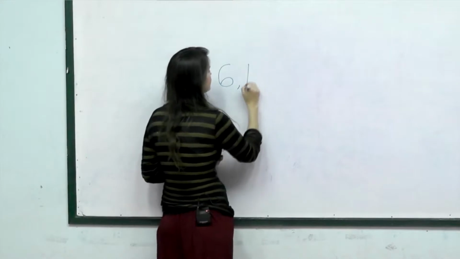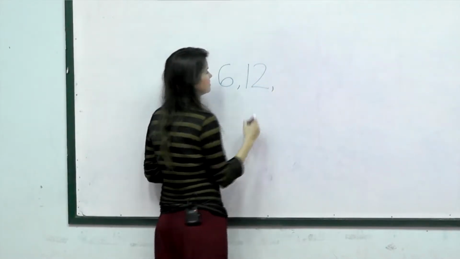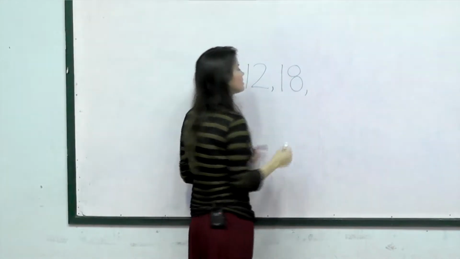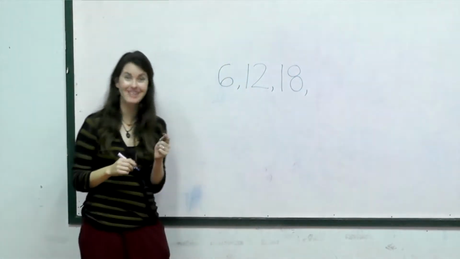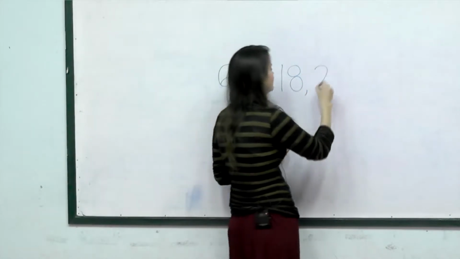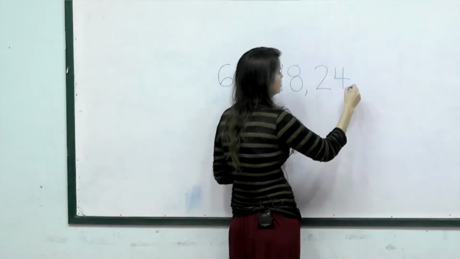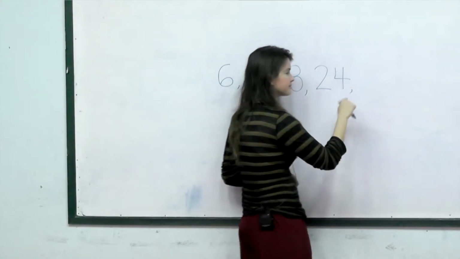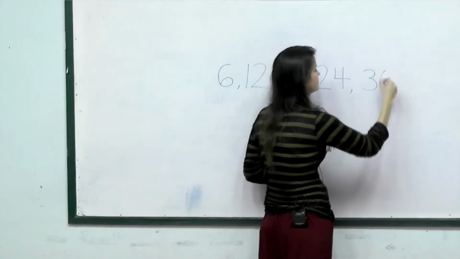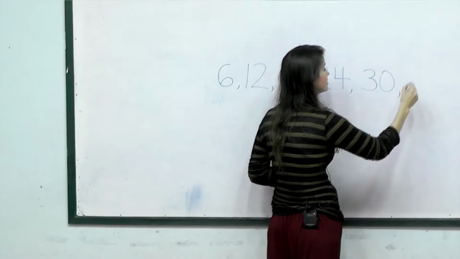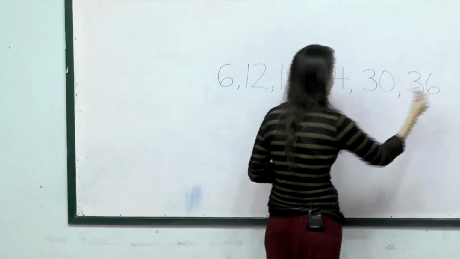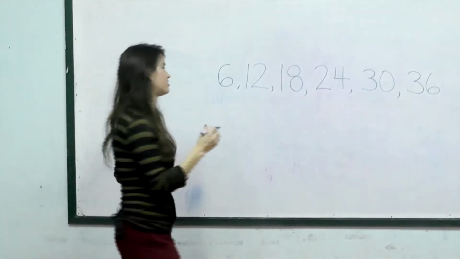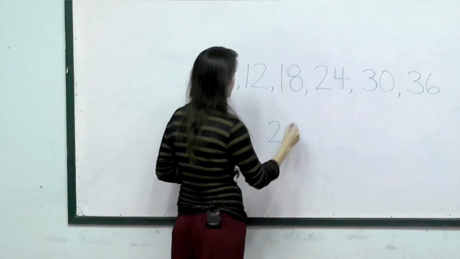We're counting by 6s, so we've got 12, 18, 24. Good. What's our next number going to be? 30. And then? 36. Okay, very nice. So our magic number that we're going to try to get to now is 25.